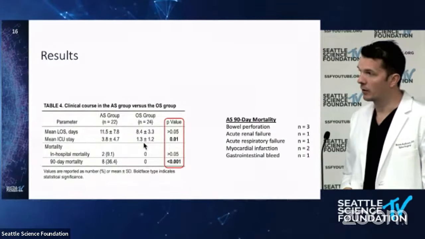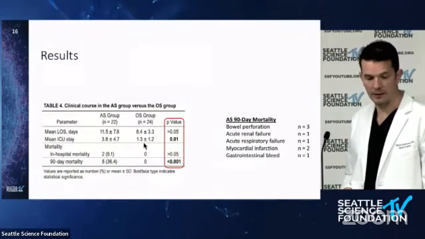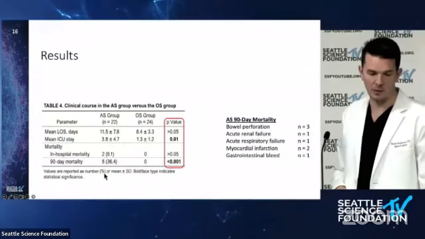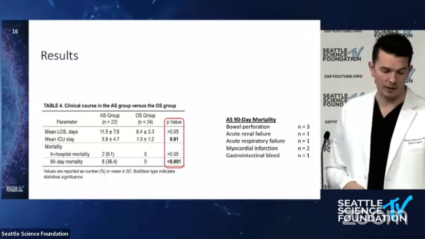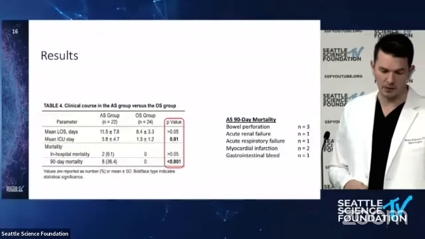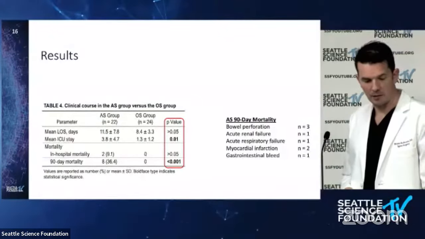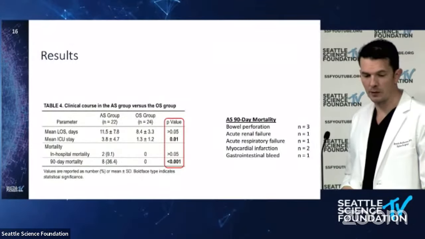And they also had an increased 90-day mortality rate. You can see that 8 of the patients, which is astounding, 36% of the patients did not make it past 3 months from a mortality standpoint, whereas the osteoporotic vertebral fracture group had 0.